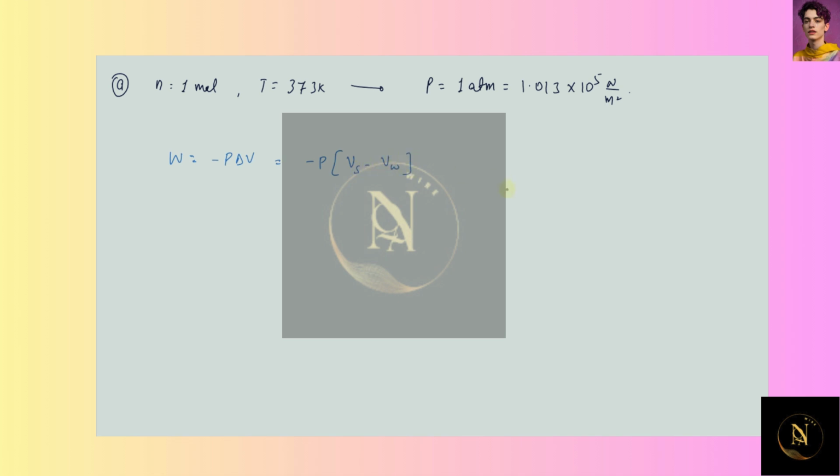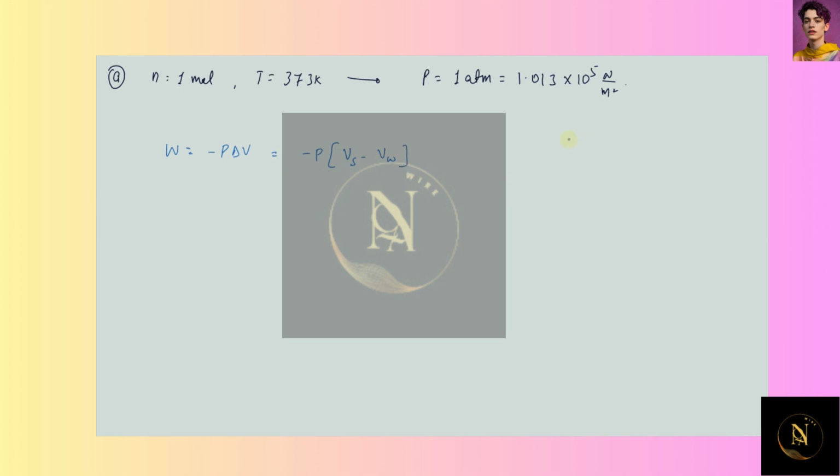We have to assume steam to be an ideal gas, so we can use the ideal gas equation. By using it, we can write P V_s equals nRT, where n is the number of moles, R is the universal gas constant and T is temperature.